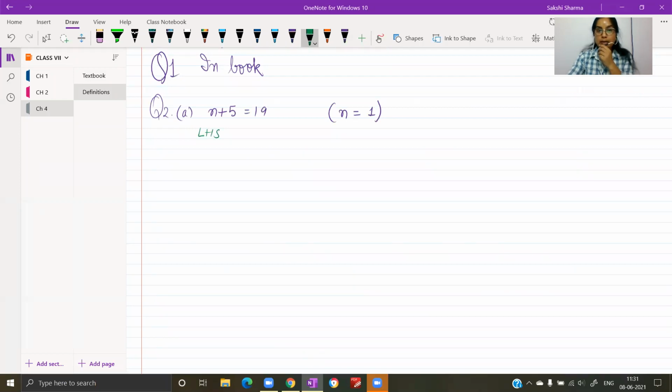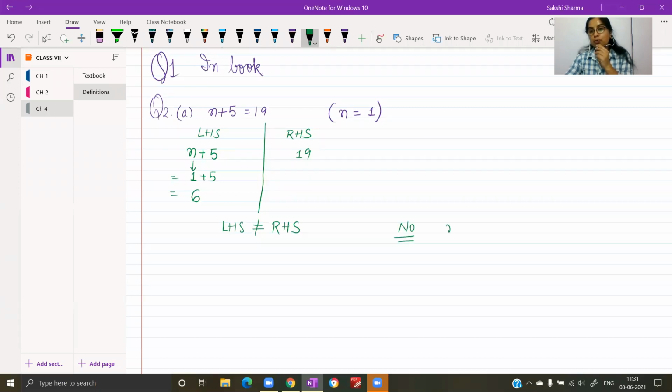This is to be done by LHS and RHS. N plus 5, 19. Divide them by putting a line here, separate them. Use n as 1. N की जगह पे क्या आ जाएगा? 1 आ जाएगा. So you get 6. On the right side, it's 19. LHS and RHS are not equal. So you will write down no.